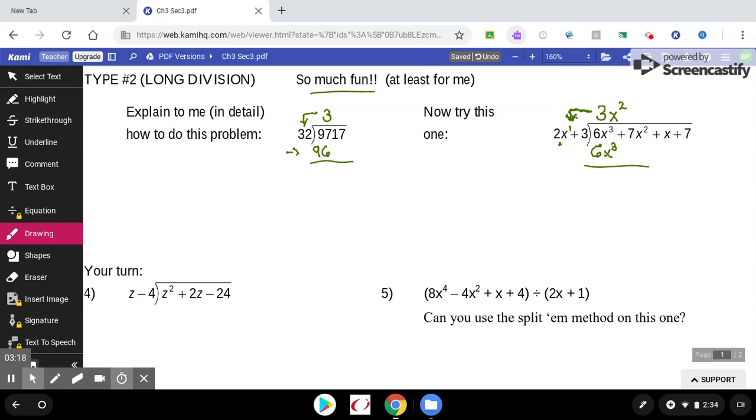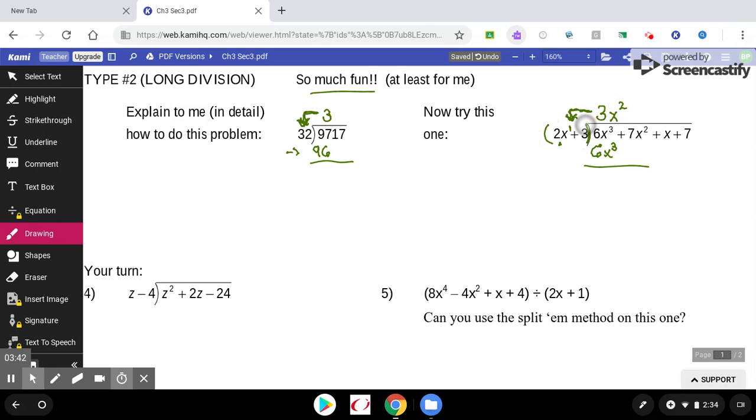Now, there are two spots where people screw this problem up, and here's one. Let me go back over here and point something out. When we wrote the 3 up top, did we multiply the 3 times just the 3, or did we multiply the 3 times the 3 and the 2 to get 96? We multiplied them both. Here's one thing that might help you over here with this other problem.